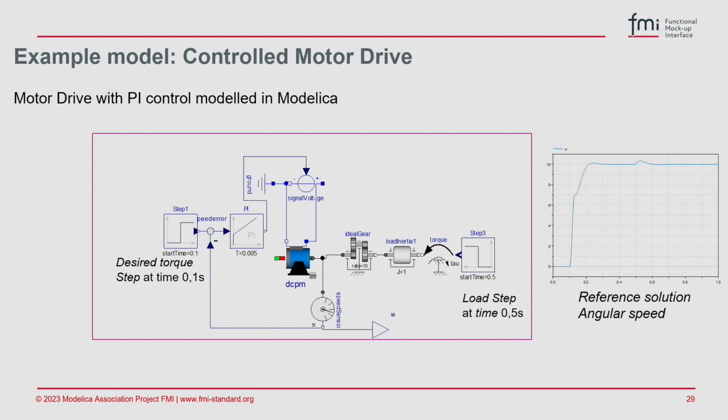This is the behavior that we want to see. At time 0.1, we have a step in the desired angular velocity from 0 to 10 radians per second. And at time 0.5, we have a step in the load torque.